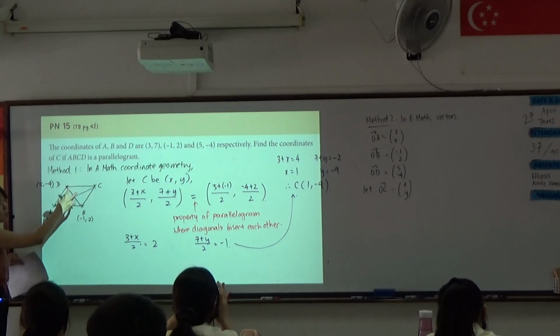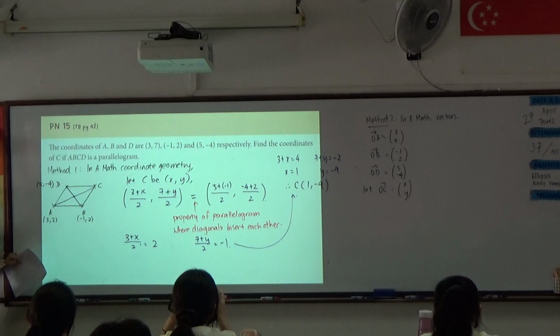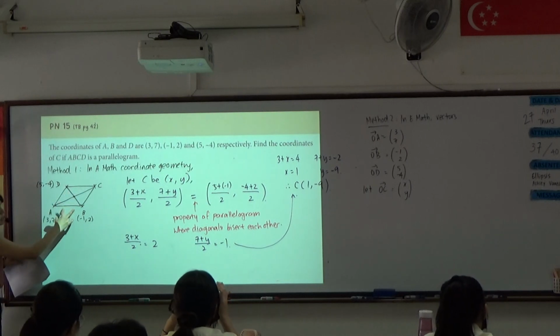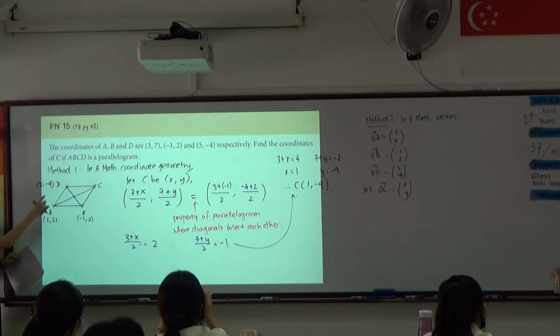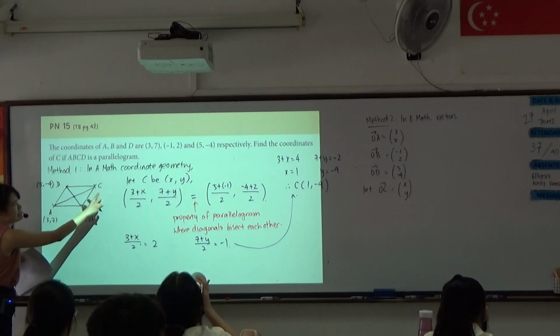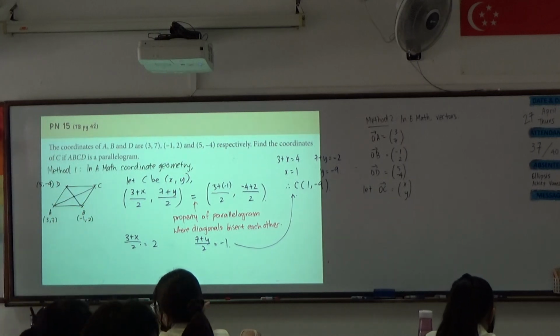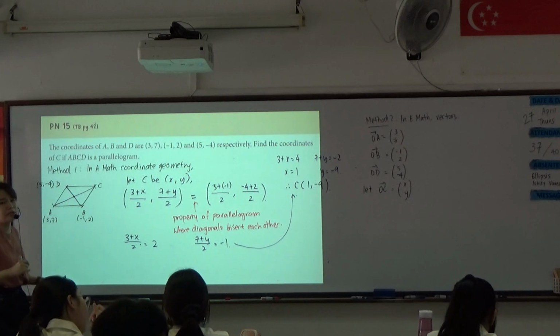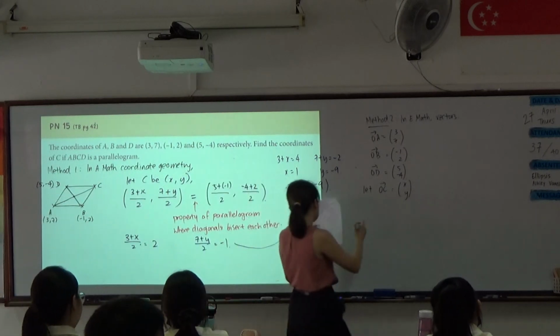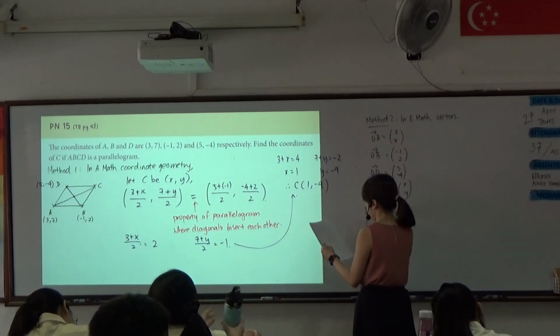Because they are equal in length and parallel, the two vectors are equal. Likewise, the vectors AD and BC are equal. So it's up to you to choose which pair you want to be equal. What I had chosen was to let DC equal AB.